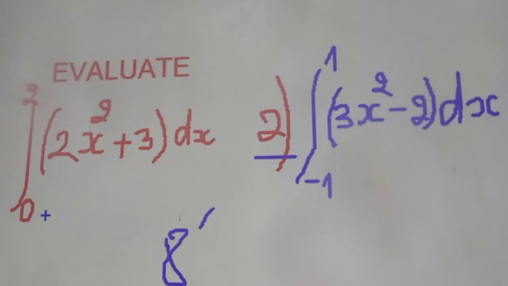And we remember to add the unit of area to the answer, because a definite integral simply means evaluating the area enclosed by this function with respect to those boundaries. Let's start.